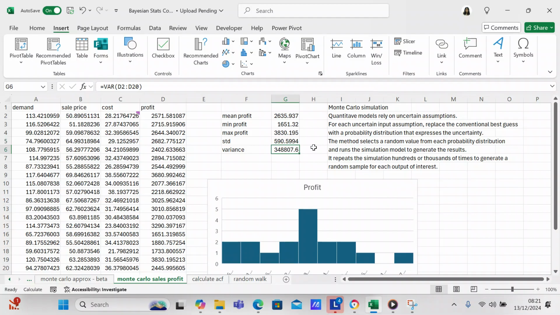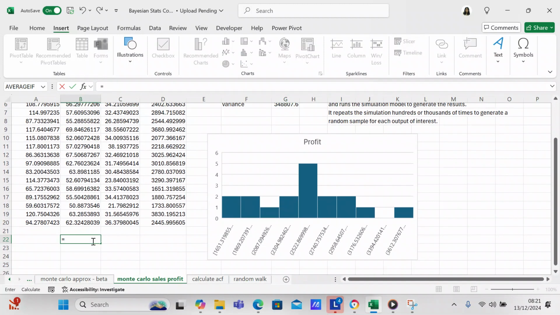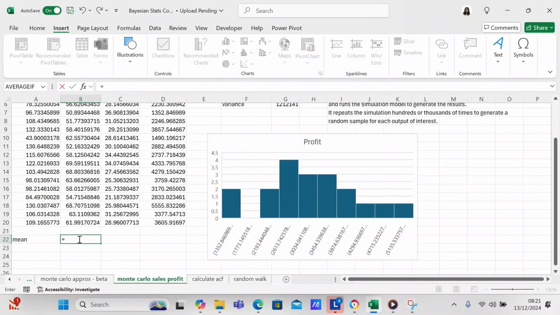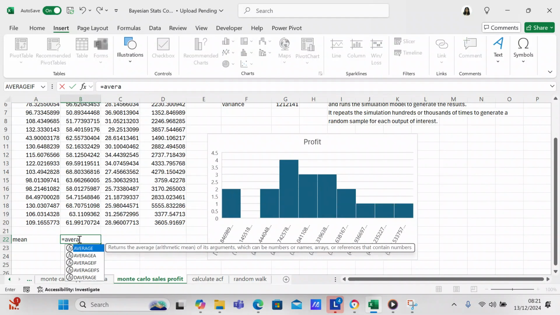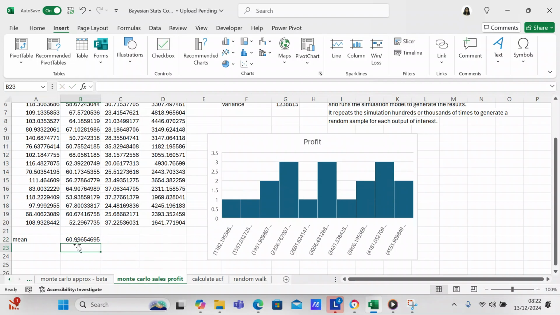Like if you wanted to do the mean of the sale price, we'll just say mean equals AVERAGE, B2 to B20. So that's your mean.